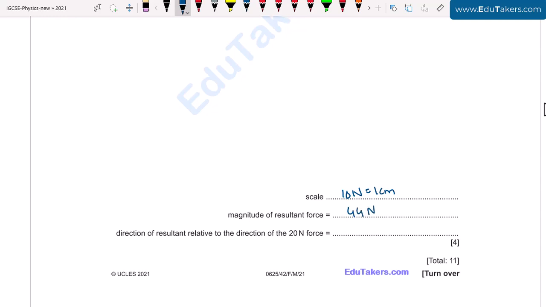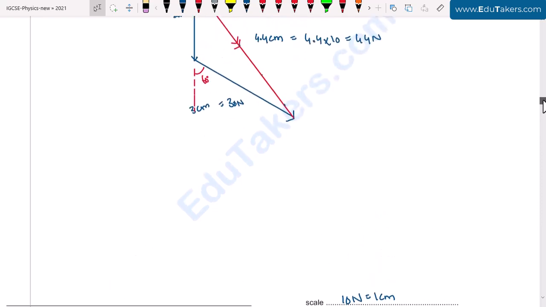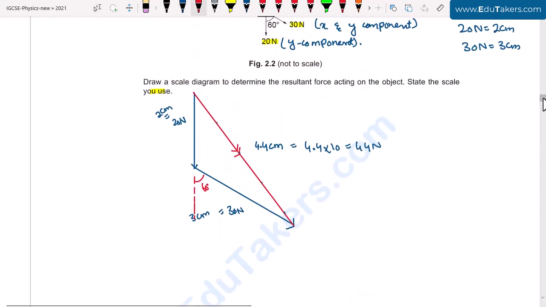We also have to find out the direction of the resultant vector relative to the direction of the 20 Newton force. It means that we have to calculate the angle of the resultant with the 20 Newton force. We have to calculate this.